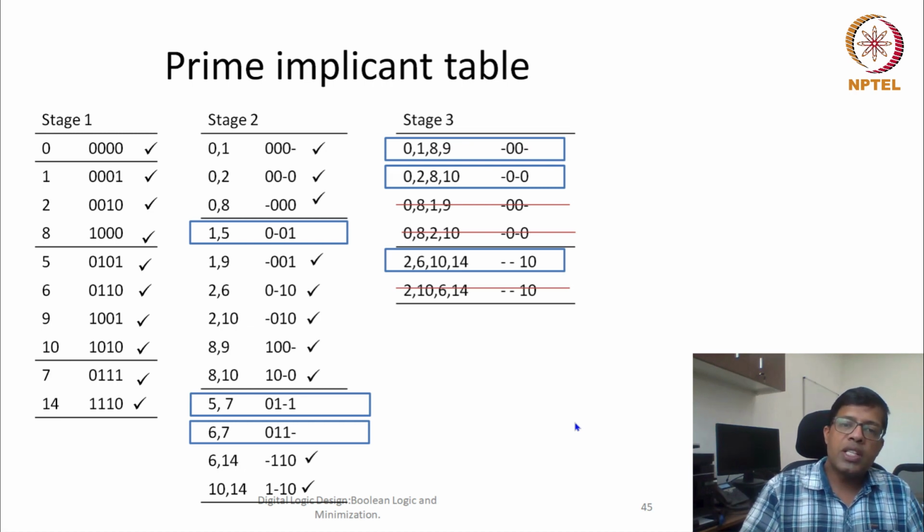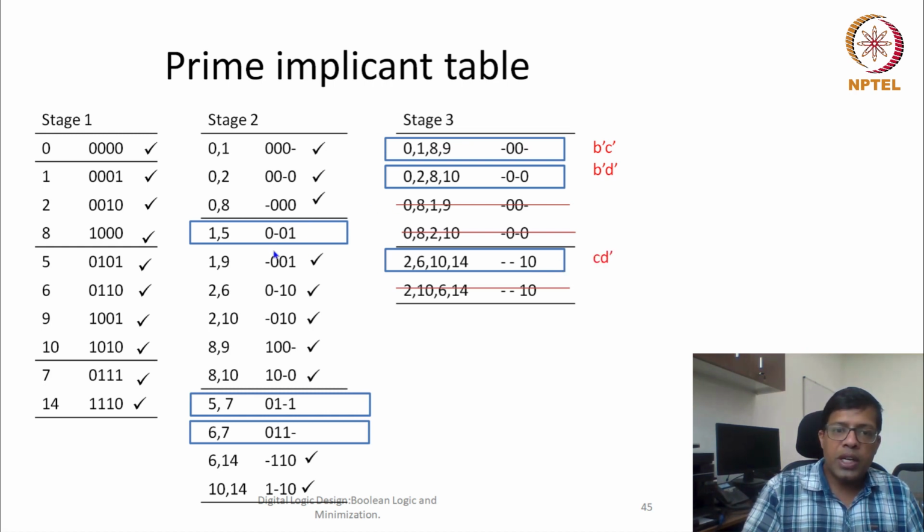So after finding the prime implicants, we can also see what would be their min term, what would be the product expression for each of these groups. So let's consider the first variable is D, the second is C, then B, and then A. So we can write this particular product term as B dash C dash, this one as B dash D dash, and this one as C D dash.